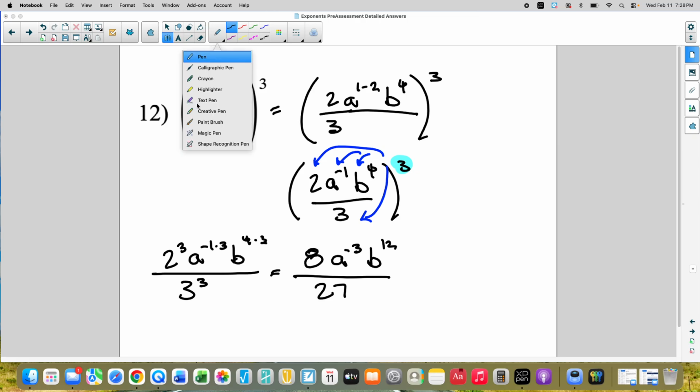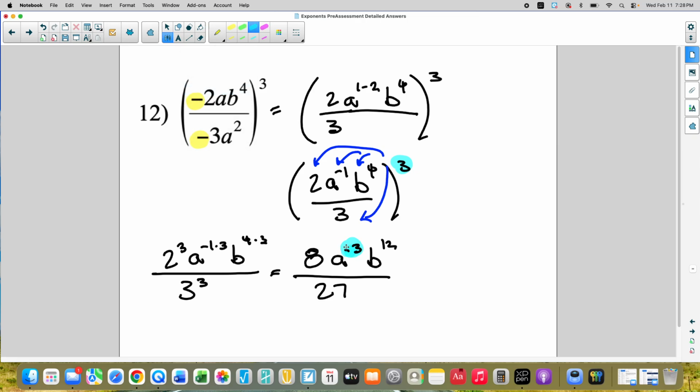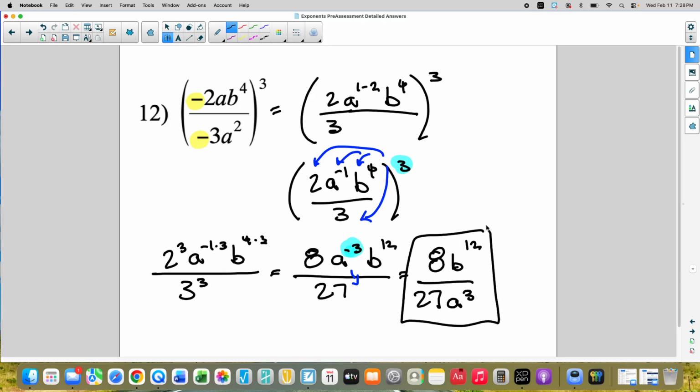I got to deal with that negative exponent, so that's going to go down. So we get 8 b to the 12th over 27, and a goes down there and becomes a positive exponent.